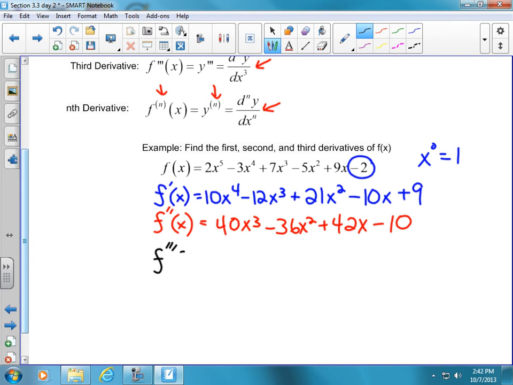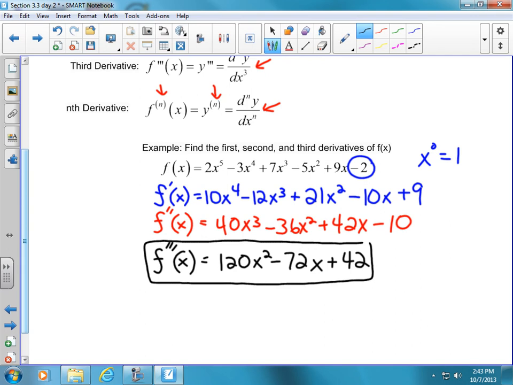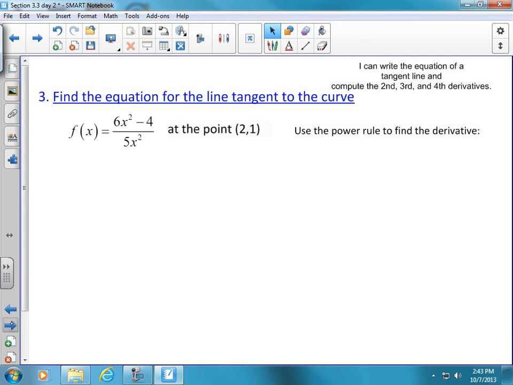That can often happen when you have a little cute derivative like this. All right, last but not least, our third derivative, 120x squared minus 72x's plus 42. Hopefully my multiplication is good there. But you get the idea of first, second, and third derivatives.